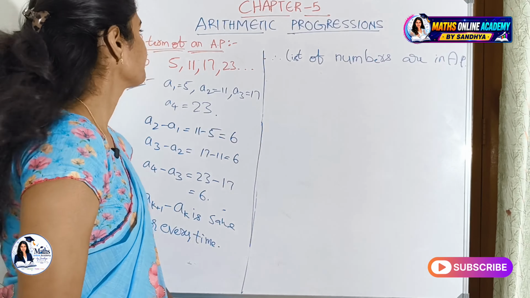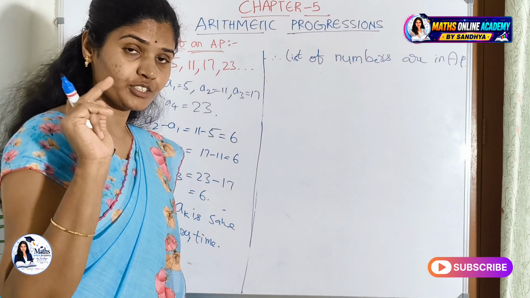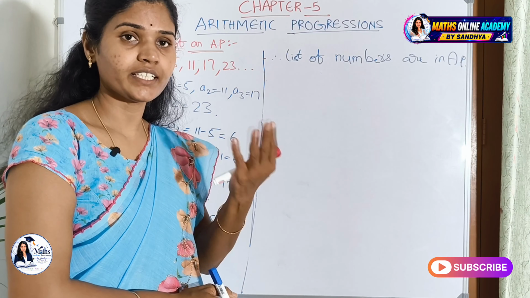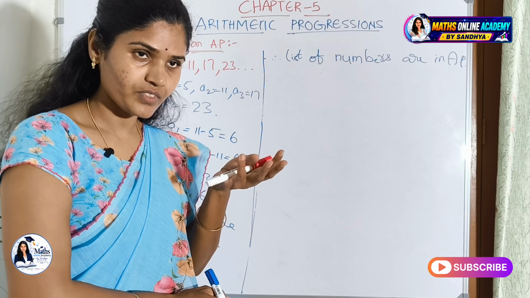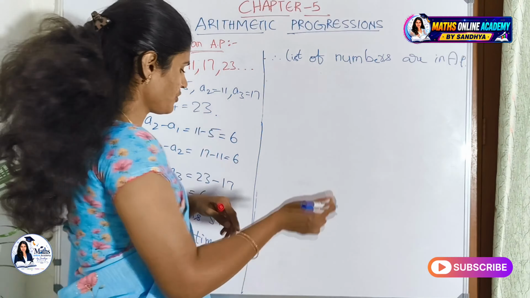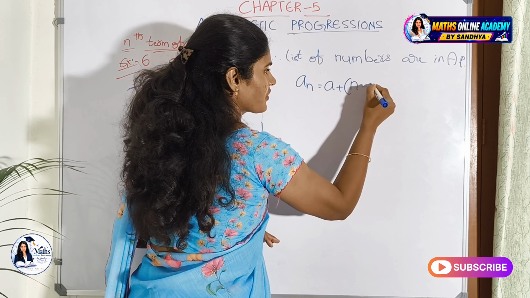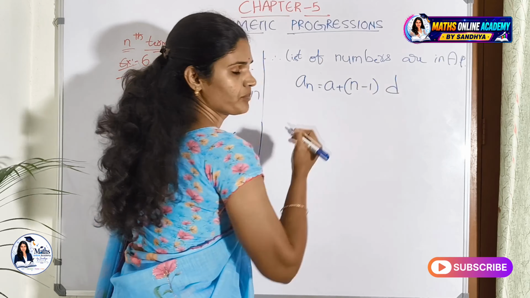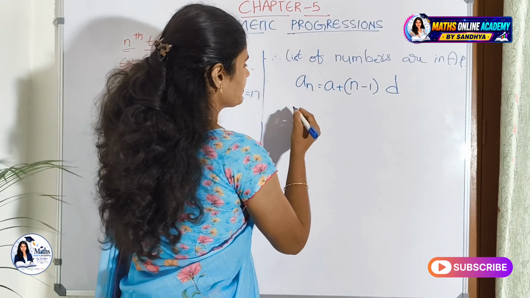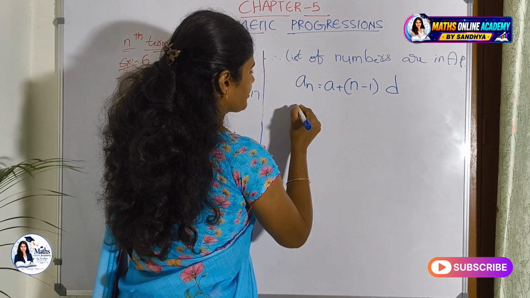For the nth term, we check whether 301 is a term of this list. So for the nth term, what is the formula? AN equal to A plus N minus 1 into D. Here we check AN equal to 301.